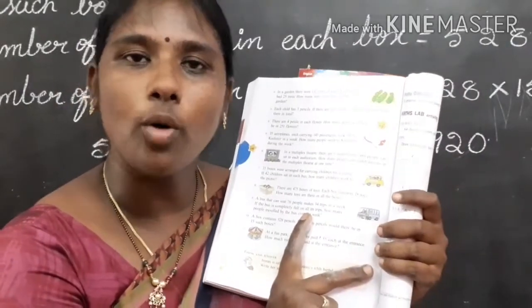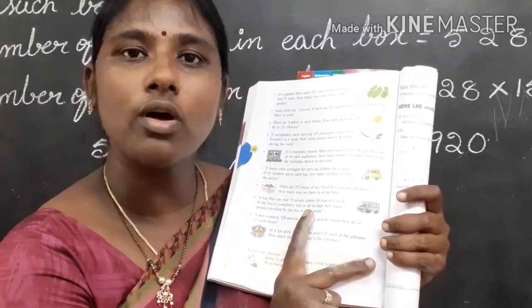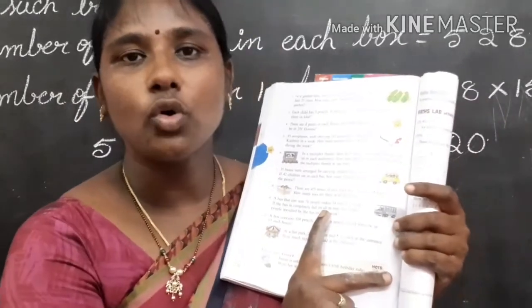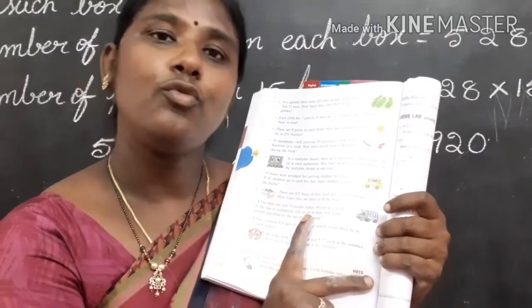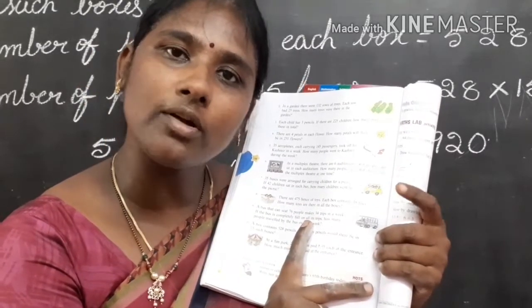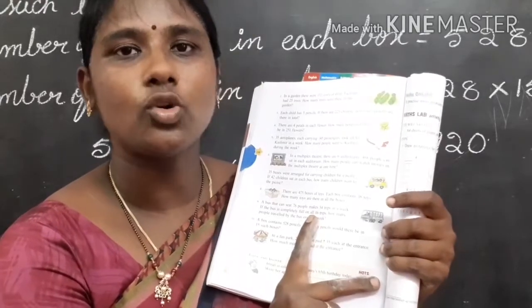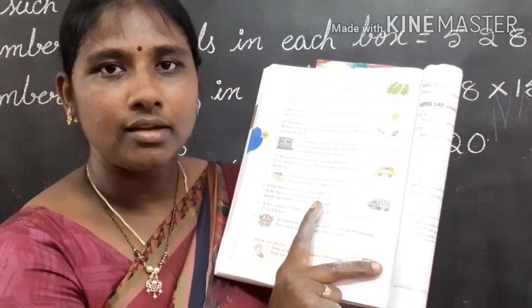How many toy boxes are there? 475 toy boxes. In each box 18 toys. So, total how many toys are there in all the toy boxes? 475 into 18. Understand, children?